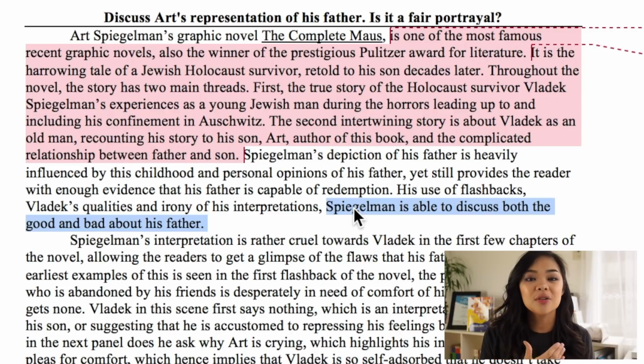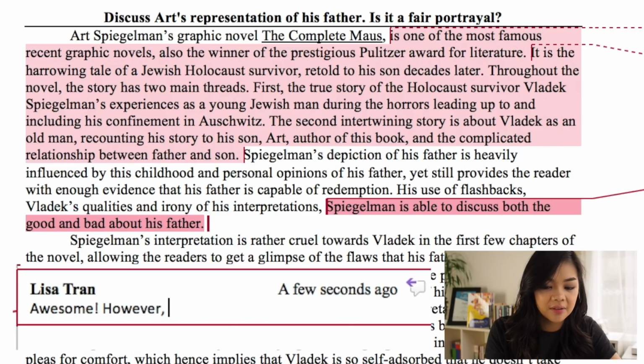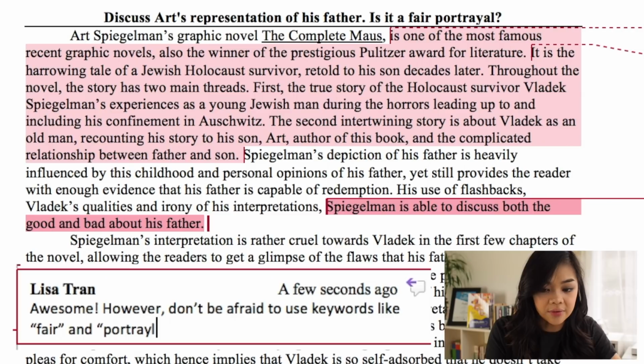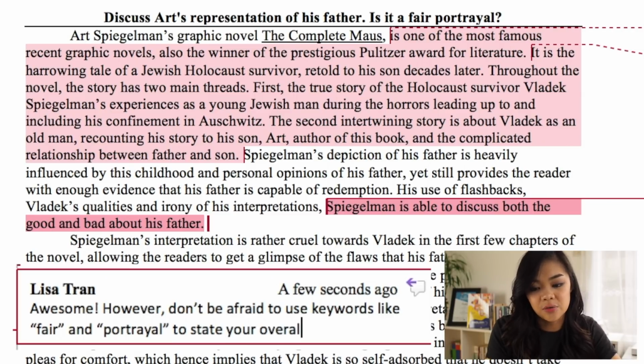If you can use your keyword and show your teacher or examiner that you are on track, on target, you know exactly what you're doing, I think that's a much better way of going about things than trying not to repeat yourself or trying to sound like you have better vocabulary by avoiding the keywords altogether, because then that leaves room for me to go, are you actually answering the question? Use keywords like fair and portrayal to state your overall contention.